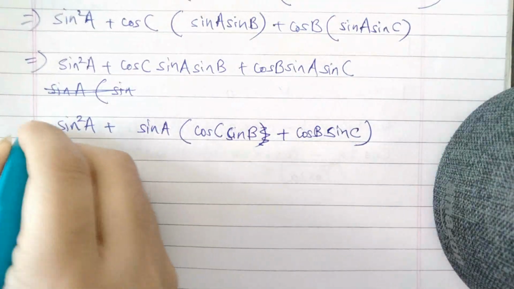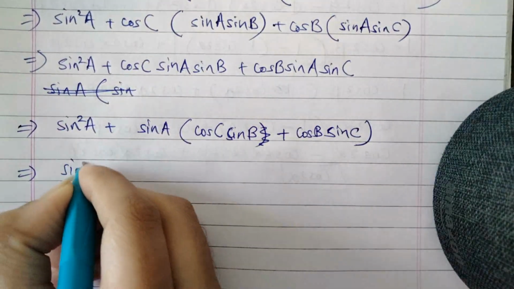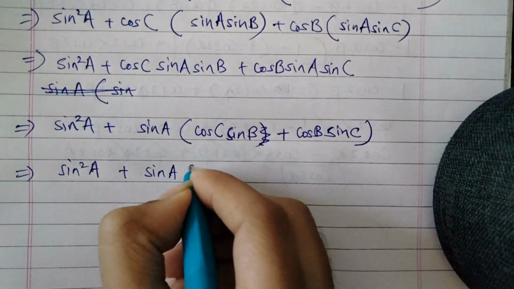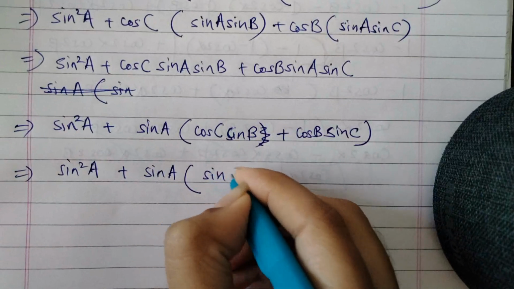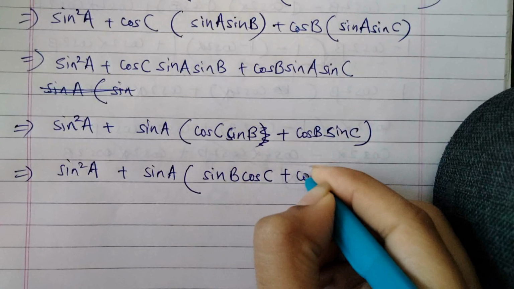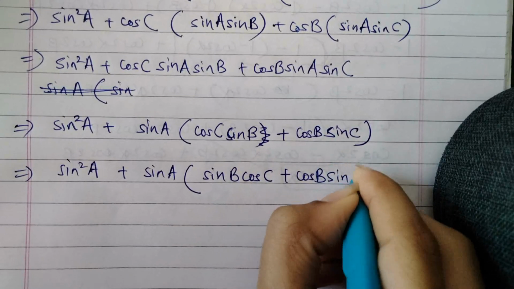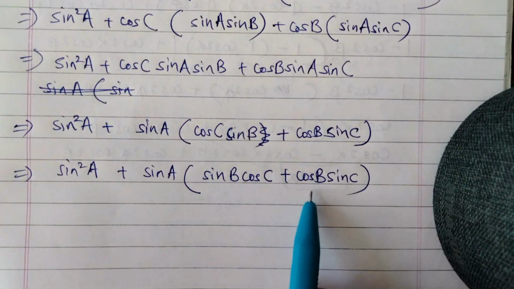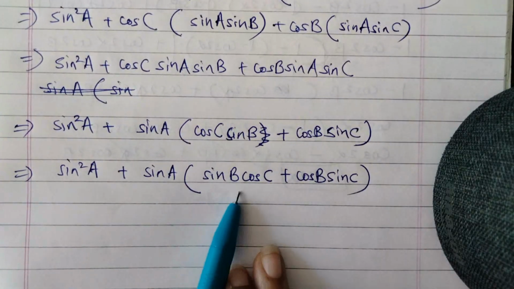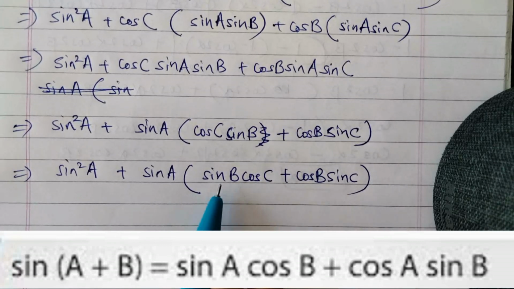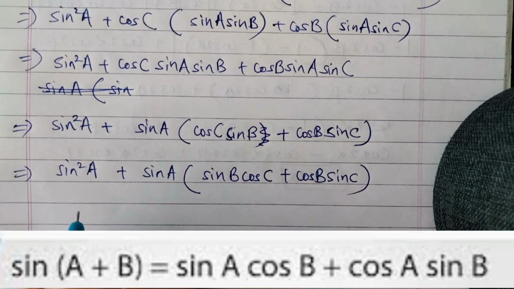So we can rearrange this now: sin square A plus sin A into bracket sin B cos C plus cos B sin C. Now it is evident that in the bracket we have the formula of sin A cos B plus cos A sin B, which is the formula of sin A plus B. So in this case it will be sin B plus C.